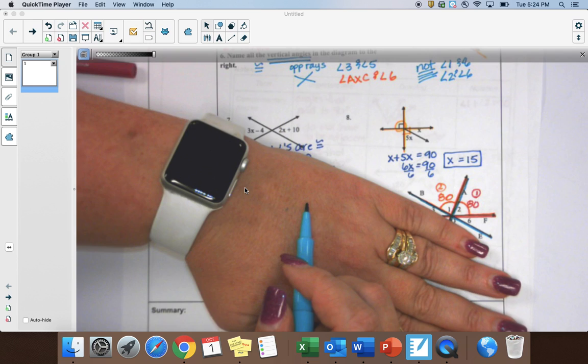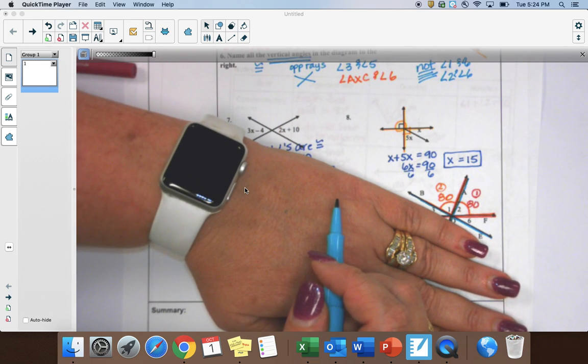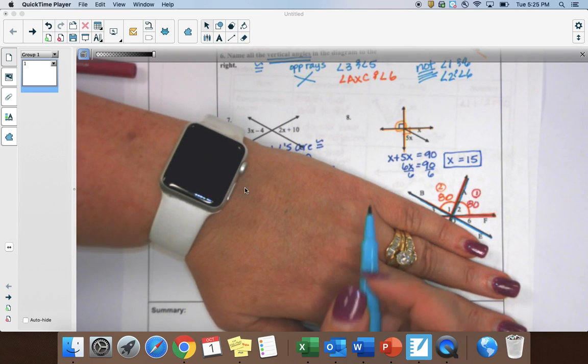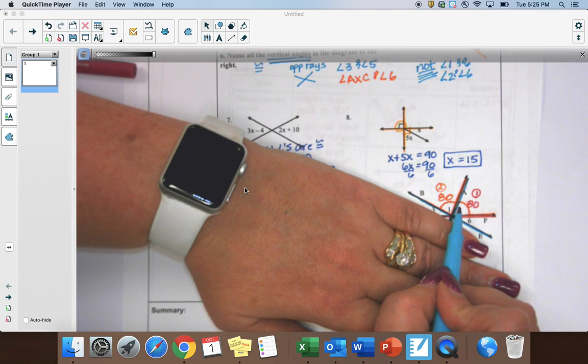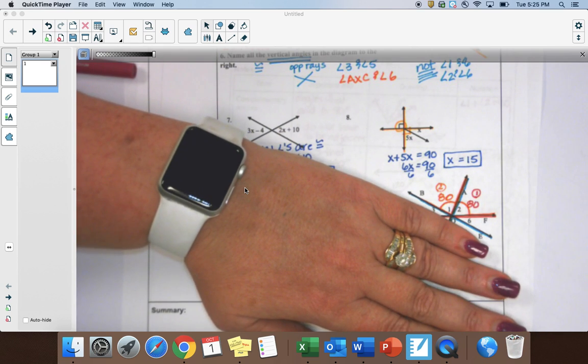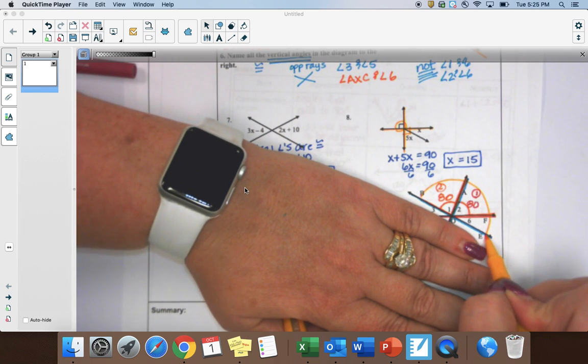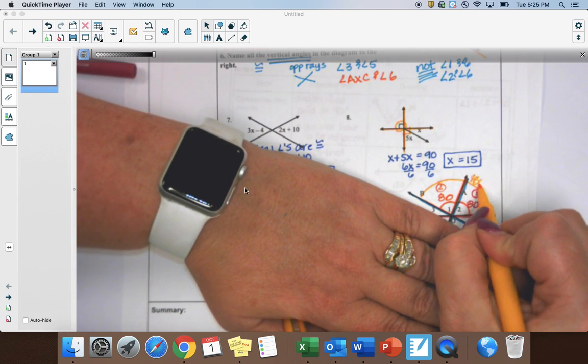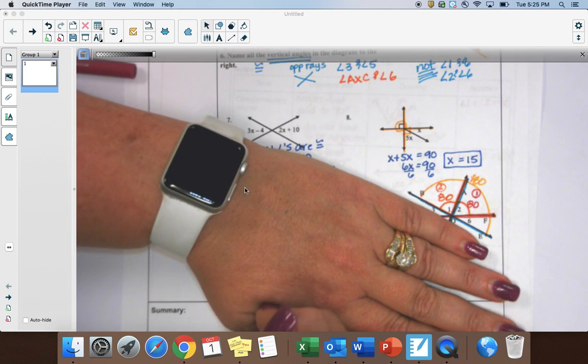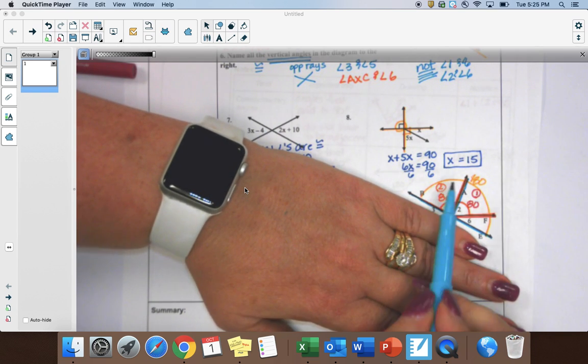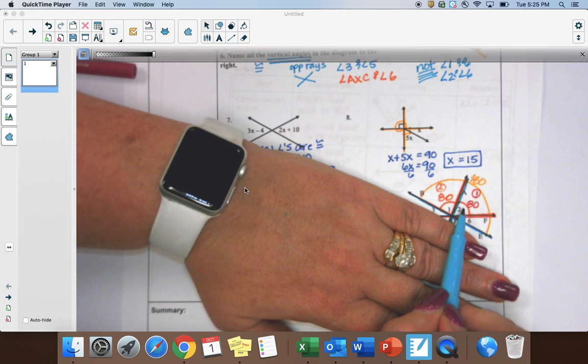But I think I see this one first, that angle 1 and angle 2 and angle 6 form this straight line. Well, we know that straight angles are 180. So that means these 3 angles are going to add to be 180. Well, I have 80 plus 80, which is 160.